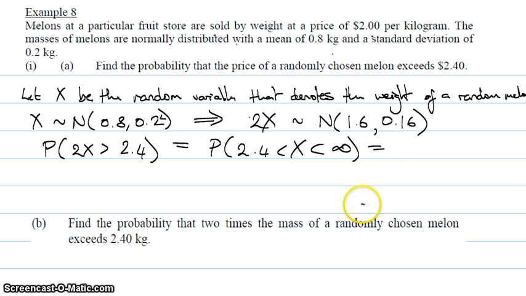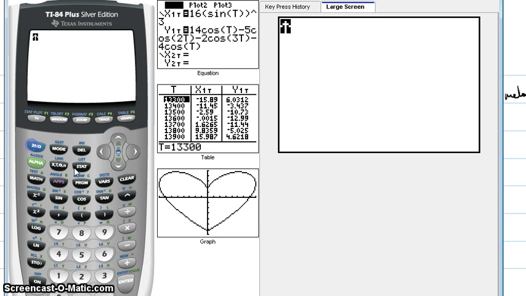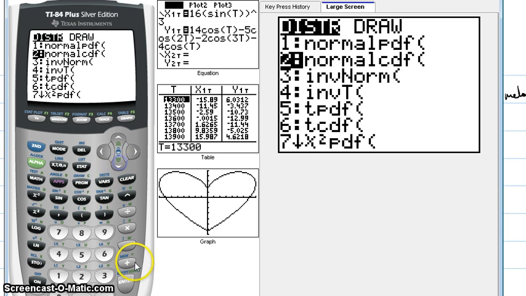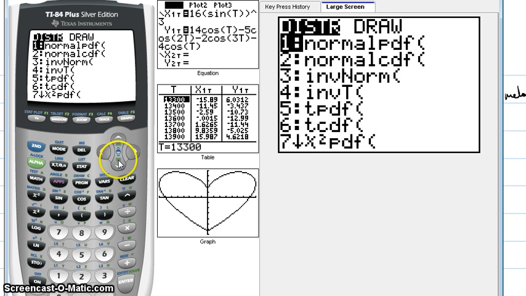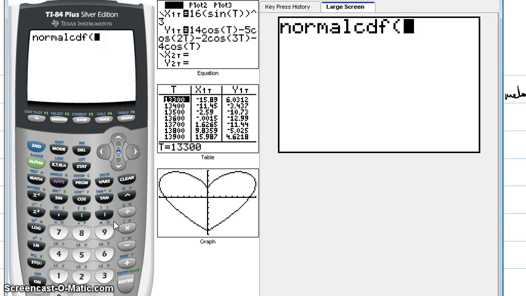And we can just go to our GC to find that out. We look at the distribution. We want the normal CDF. Sorry, I'm not used to using a GC on a computer. So lower bound is 2.4.